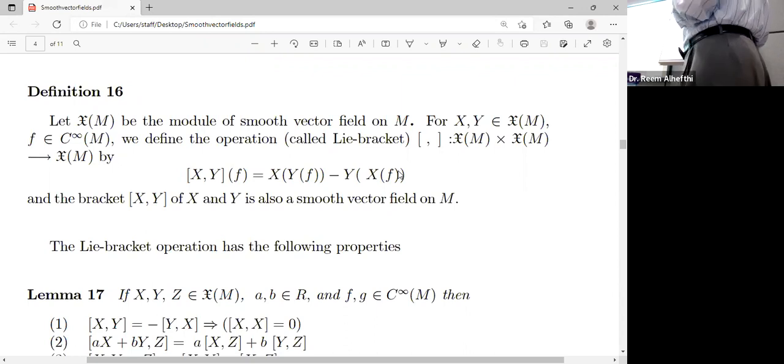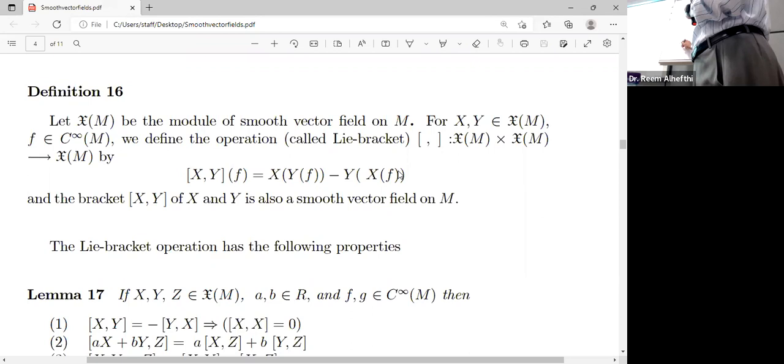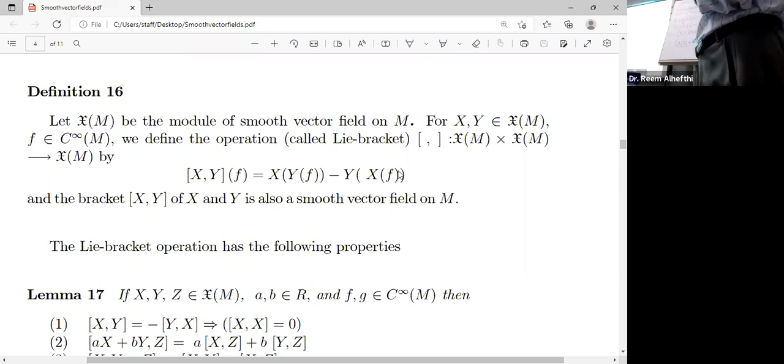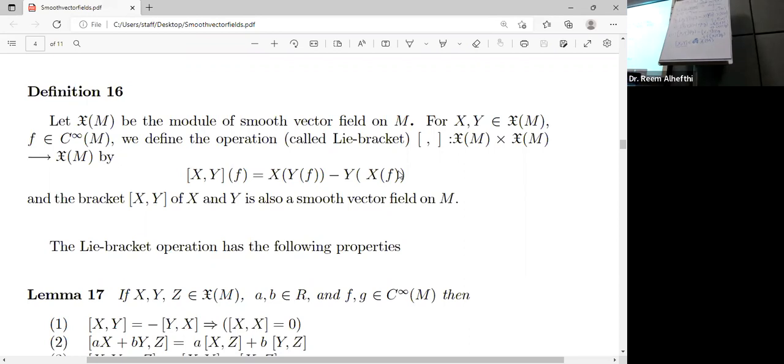So what do we see? We see that it is also a vector field. You started with two vector fields and you defined the bracket of them to be again a vector field. That is, you have defined an additional product on the set of vector fields, which was only a module.